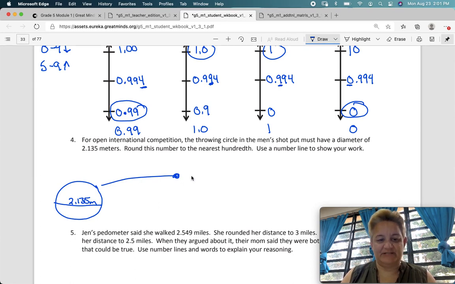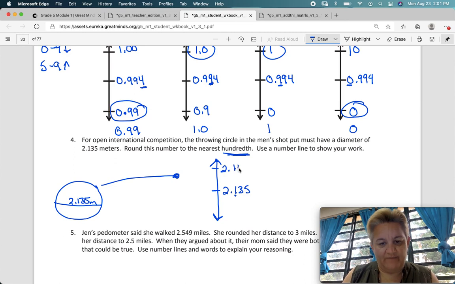Honestly, none of this information is important to the question. All they want us to do is round this number to the nearest tenth. So I'm going to make my vertical number line, and I'm going to put my number in the middle, 2 and 135 thousandths. And the nearest tenth, remember this is the tenth spot, oh, I'm sorry, nearest hundredth, would be 2.14 or 2.13.